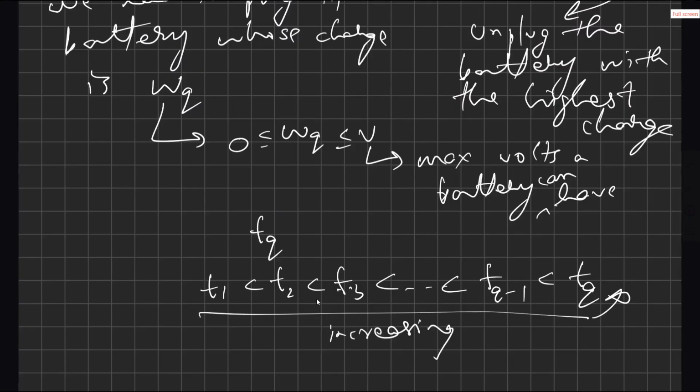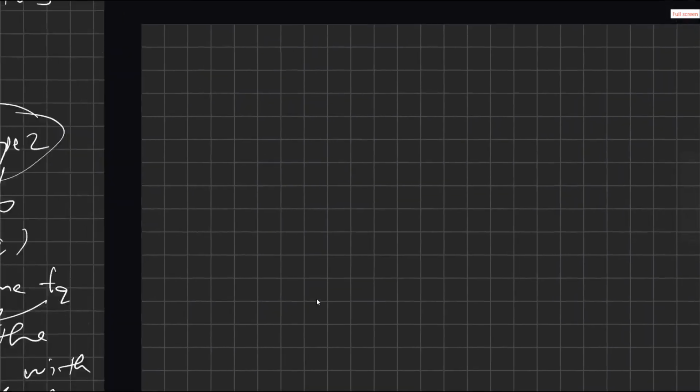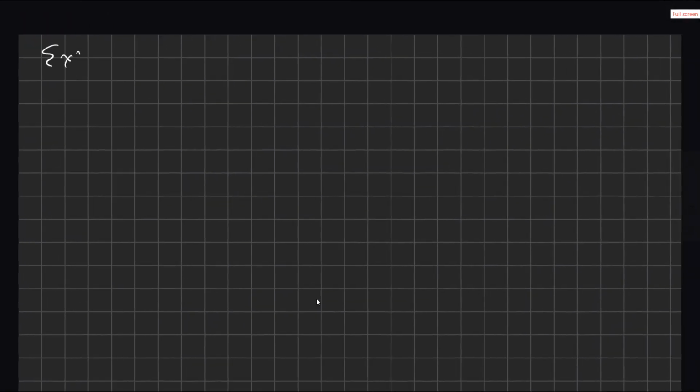The query appearing at t2 has a time lesser than the query appearing at t3. So time t2 is less than time t3. Let's understand with one of the examples.